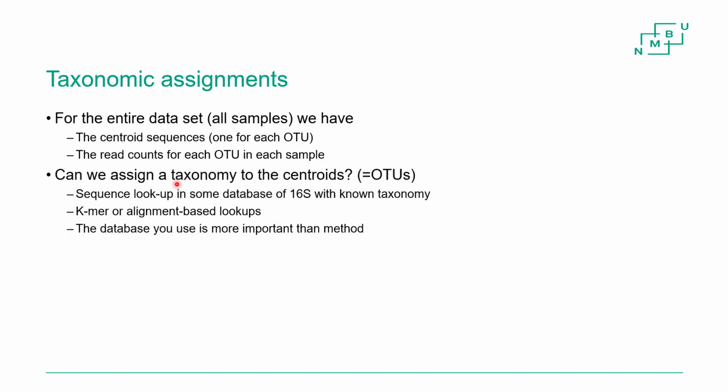Now we can, of course, assign taxonomy to the centroids. Isn't that reasonable to do? I mean, we have their sequences. What kind of organisms are these? And that we typically do. And this is straightforward. It's a sequence lookup in some database with 16S having known taxonomy.